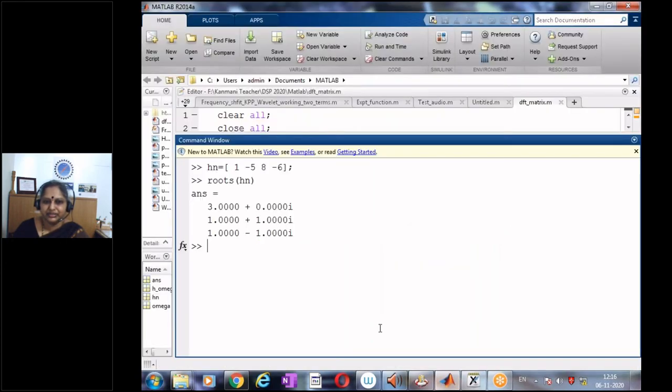Now let us check whether we get the same result by using the inbuilt command of MATLAB. My denominator is 1, and this is my numerator polynomial.